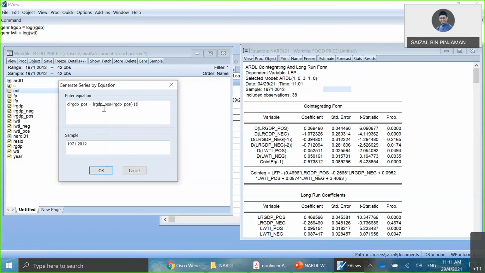So that is how we obtain the difference form, by subtracting the previous value from the present value. That is what we present here. And we repeat the same process for all variables included in the estimation.